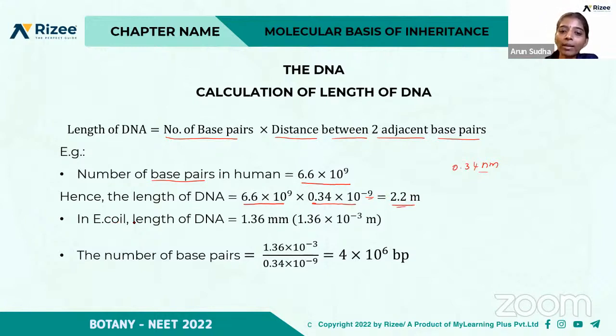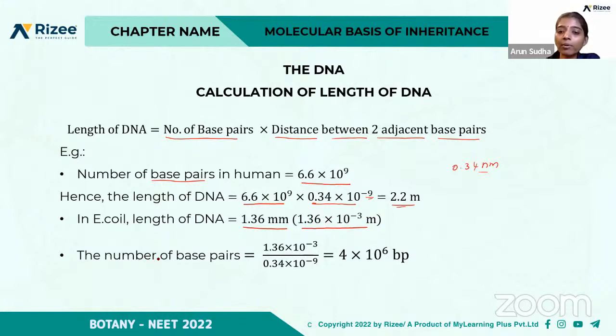And in the case of E. coli, the length of the DNA is 1.36 mm, which expressed in meters is 1.36 into 10 power minus 3 meter.